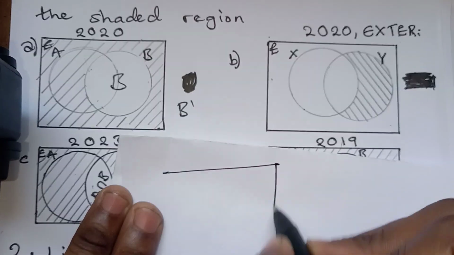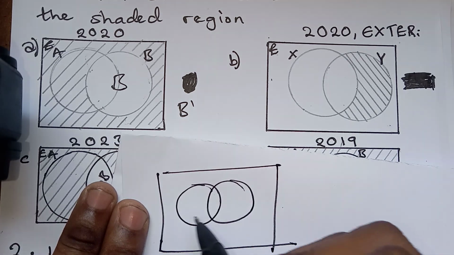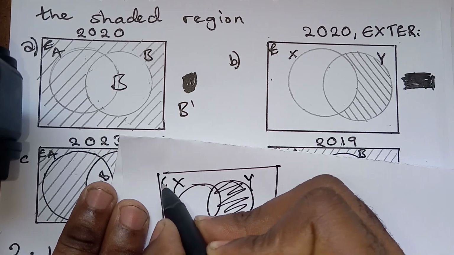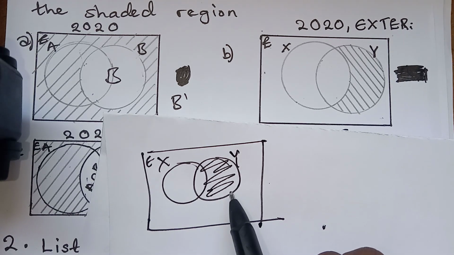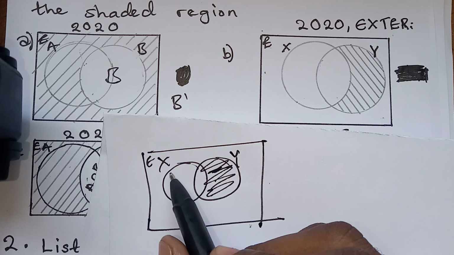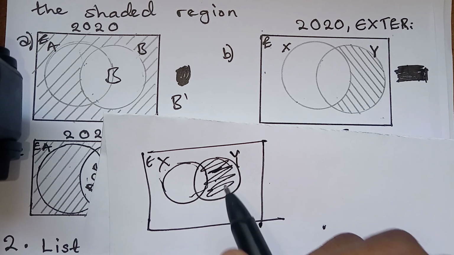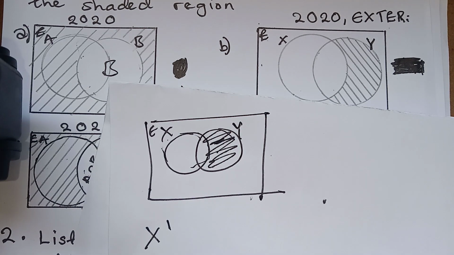So for this one, let me just draw it again here. X and Y, and then we have the universal set there. So now to describe this shaded region, you can say you want all the elements outside X. As you can see, the shaded region has elements outside X, right?